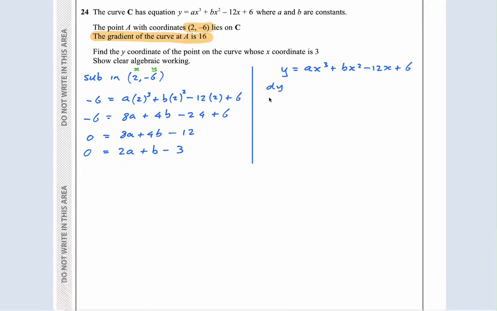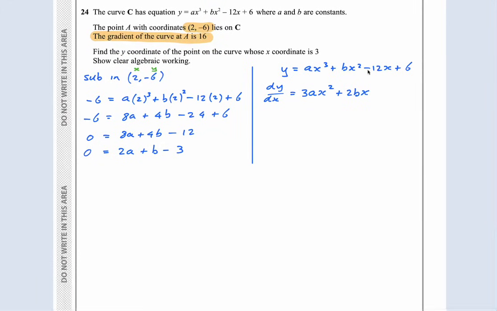dy/dx is differentiating, guys. Again, this will be worth another mark. And there's a rule. We can all do this. Everybody can differentiate this thing here. We multiply by 3, 3ax, and we subtract 1 from the power. Here we multiply by 2, 2bx.